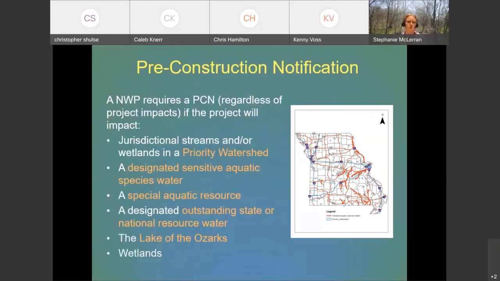That includes streams or wetlands in priority watersheds, designated sensitive aquatic species waters, waters that are a designated special aquatic resource, or designated an outstanding state or national resource water. Also, anything impacting Lake of the Ozarks requires a PCN. And like I mentioned in the last slide, any impacts to wetlands require a PCN.